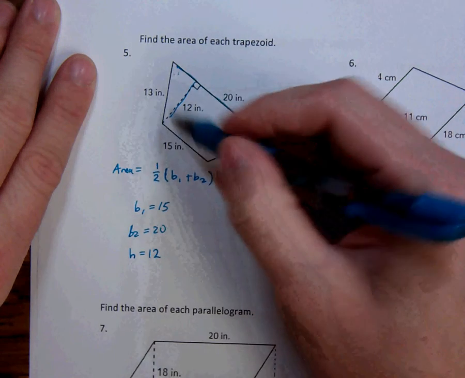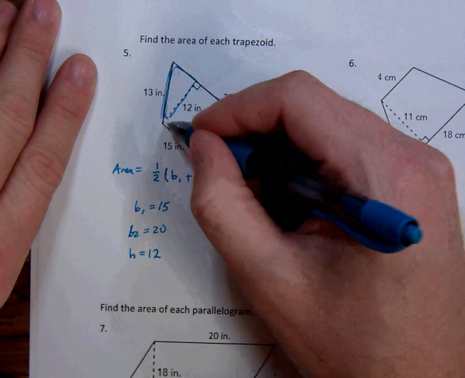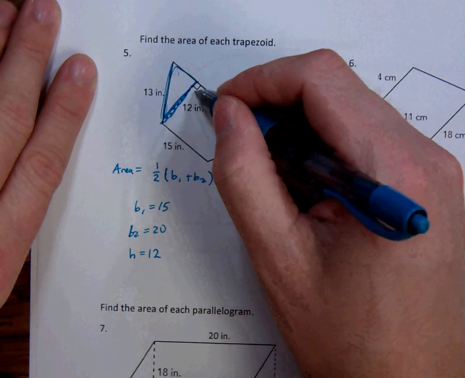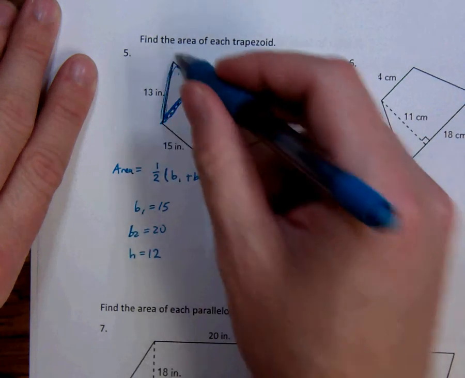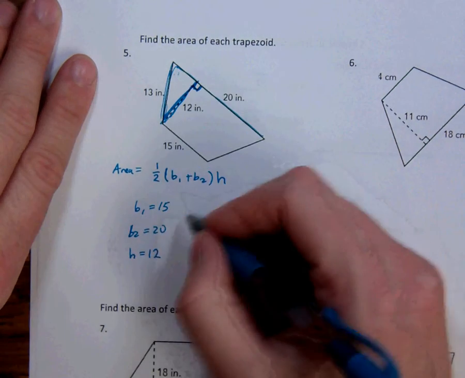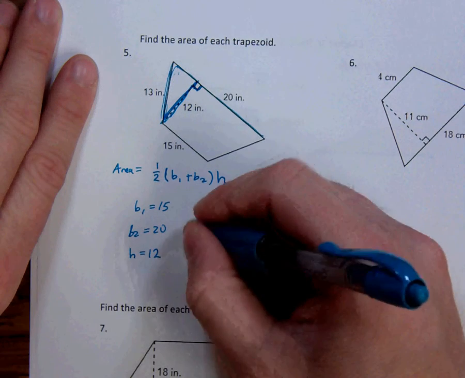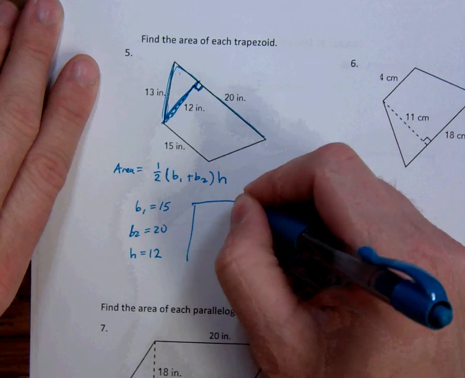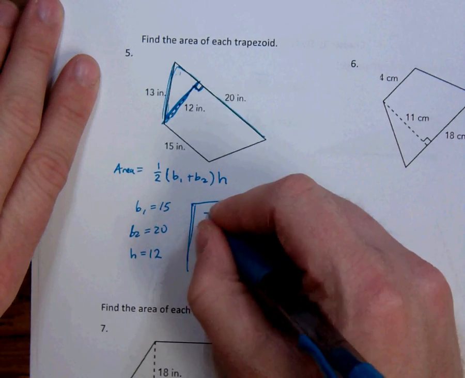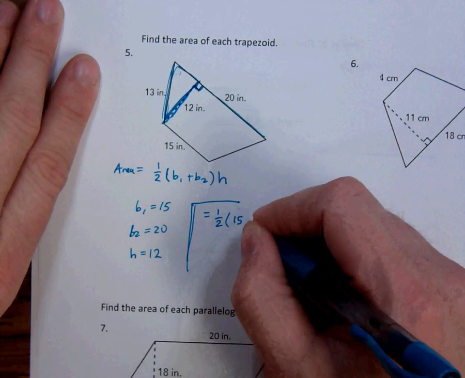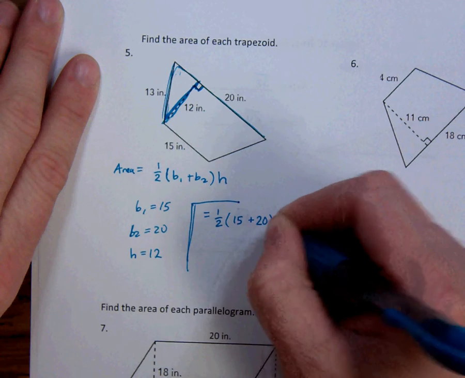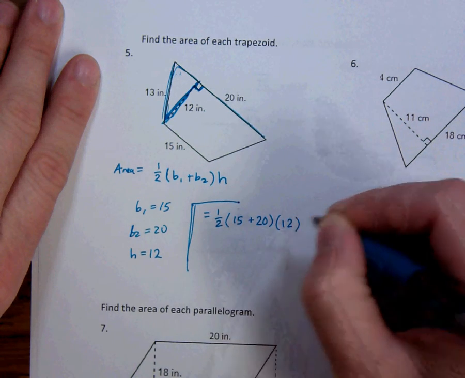13 is to throw you off. It cannot be the height. It cannot be the side of the trapezoid. The height has to be the line that is perpendicular to both bases. So we know that the area is equal to 1/2 times base 1, which is 15, plus base 2, which is 20, times 12.